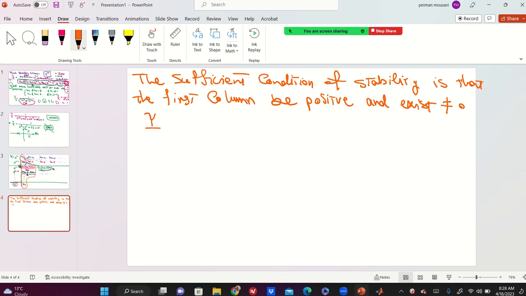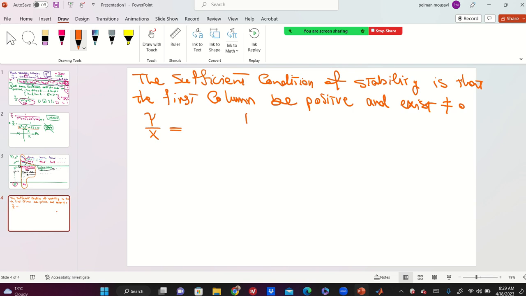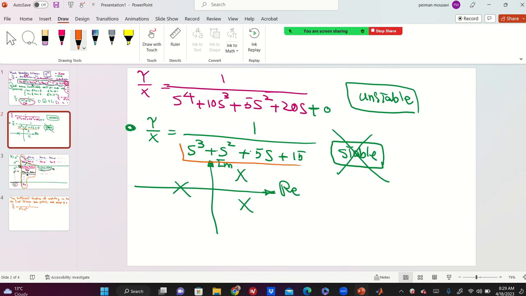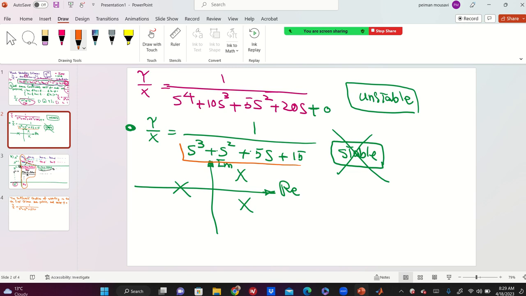Y over x, let's go back to this problem, is 1 over s cubed plus s squared plus 5s plus 15.